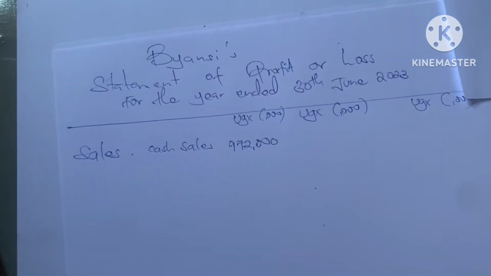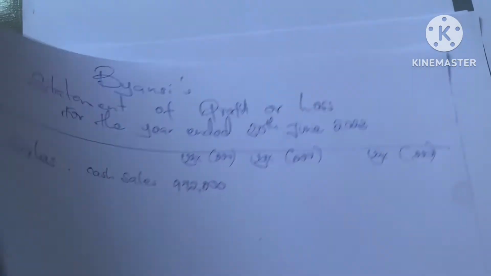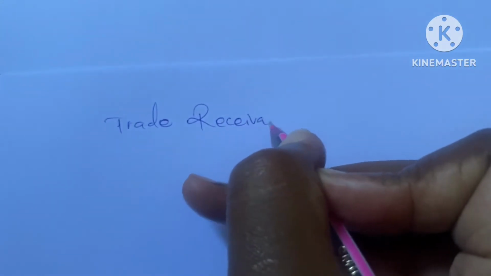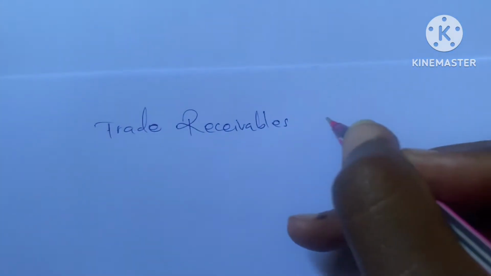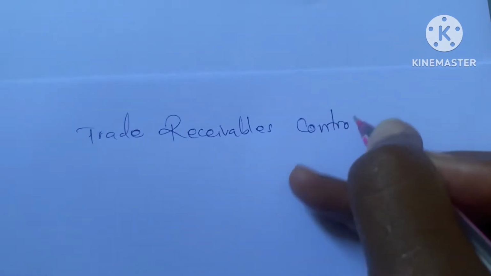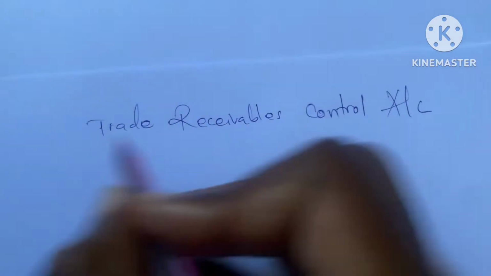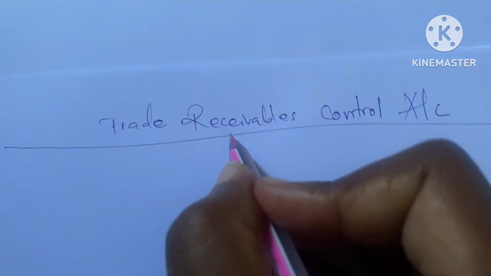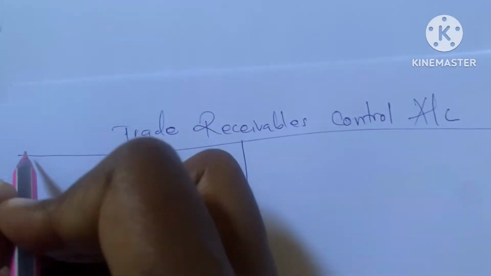So we first prepare that account before we proceed. So trade receivables control account. We looked at the formatting in one of the videos.